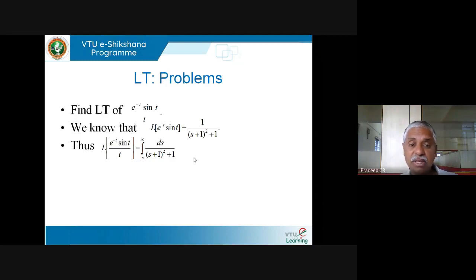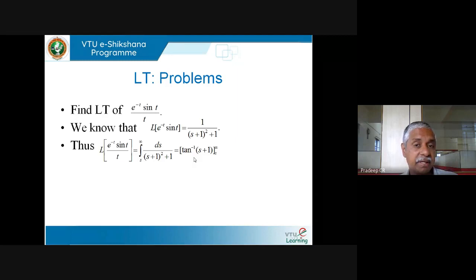From here onwards, it's only your class 12 integration. The integral of 1 by (s plus 1) whole square plus 1 with respect to s is tan inverse of (s plus 1). Put s plus 1 equal to x, you will get dx divided by x square plus 1, which is tan inverse of x, where x is s plus 1. So I get tan inverse of (s plus 1), with s running from s to infinity.